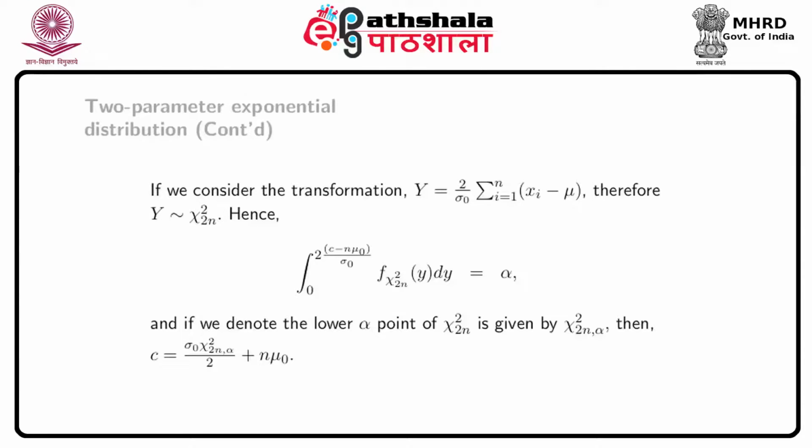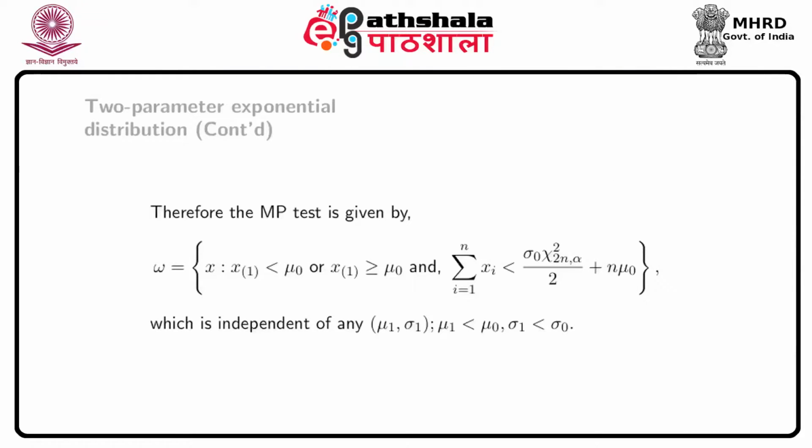Hence, the above integral can be written as the integral from 0 to 2(c minus n mu naught) divided by sigma naught of f chi square 2n (y) dy is equal to alpha, where f denotes the chi square PDF with twice n degrees of freedom. Next, if we denote the lower alpha point of chi square 2n by chi square twice n alpha, then c is equal to sigma naught chi square twice n comma alpha divided by 2 plus n mu naught.